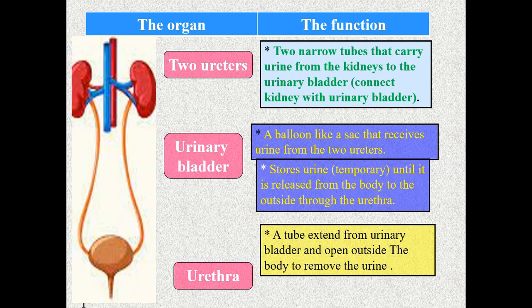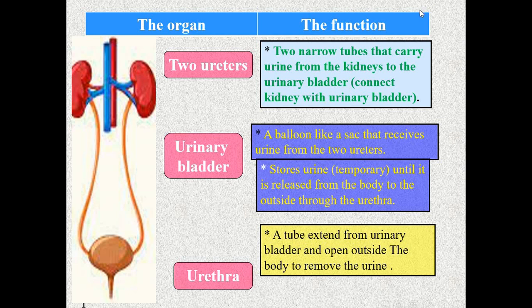After the kidney finishes filtering the blood and produces urine, the ureters take the urine and give it to the urinary bladder. So the ureter is like a delivery: it makes urine pass from the kidney to the urinary bladder.